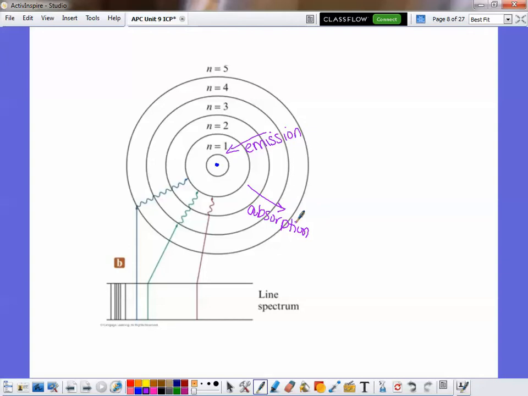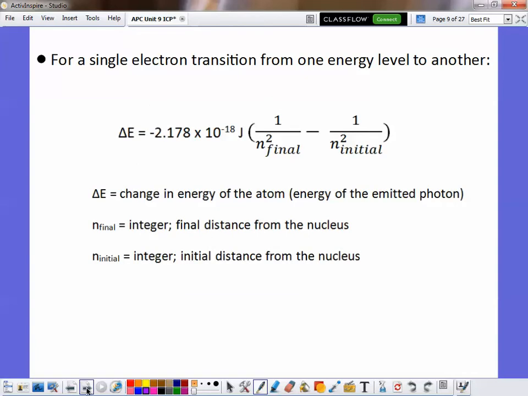It really only works for the hydrogen atom, though. Okay? And the formula, and this is in your guided notes, it's called the Rydberg equation. All right? I do not want you to memorize this.